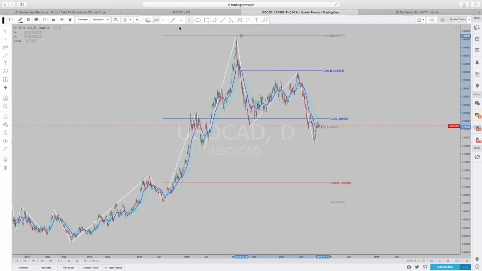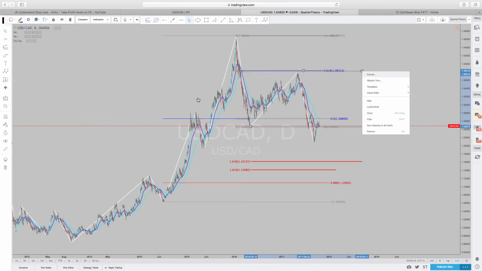Our level of confluence for this one leg right here, which would be an ABA, gives me my 1618, and then I'll do a BC leg to give me also a 200, which is the minimum that Scott Carney mentions.